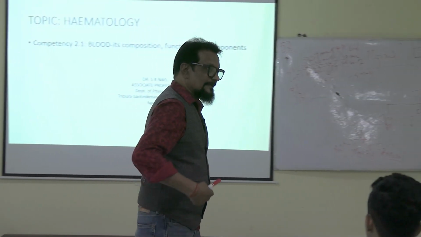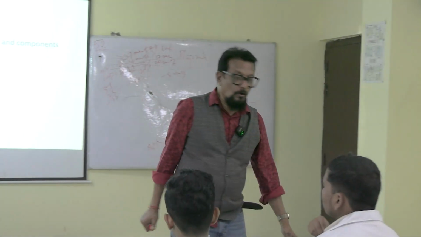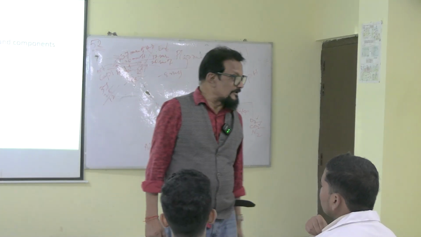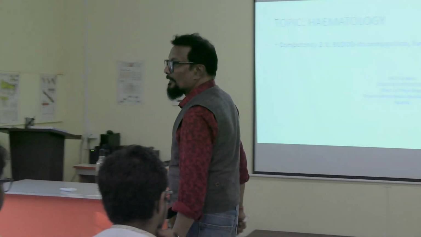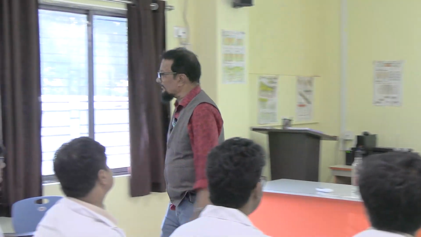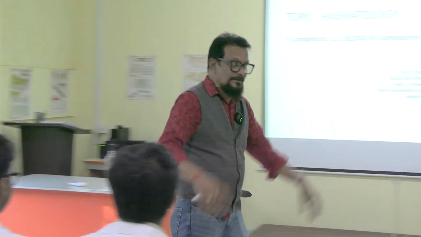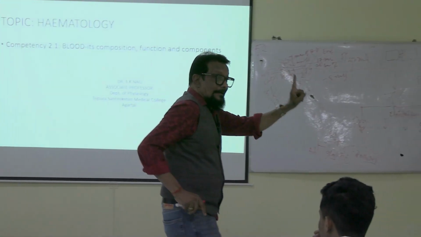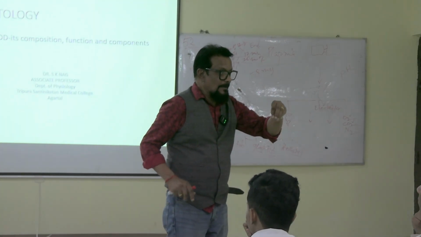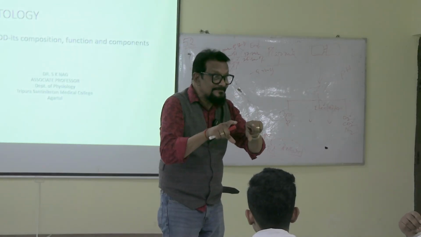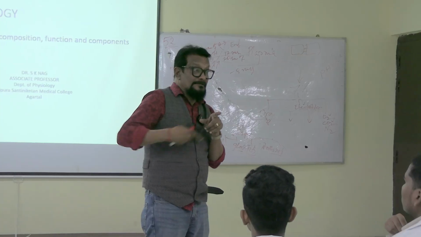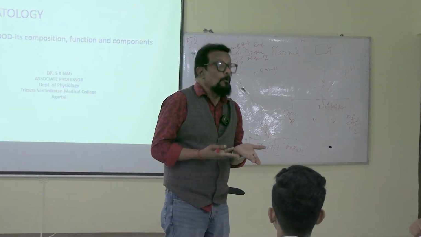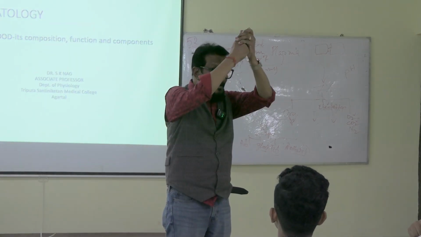Your cells are also producing a lot of non-protein nitrogen, a lot of excretory products. What are these products? Urea, uric acid, creatine, creatinine, xanthine, hypoxanthine. These are all excretory. We don't want these. From the cell they enter into the blood, so they should be present there. You can estimate whether the cells are producing them or the kidney is not working. What will happen in the blood? Their level will be rising.